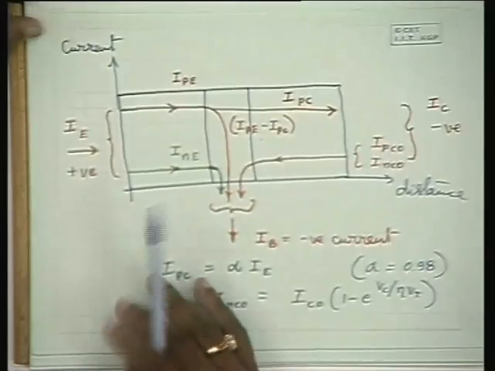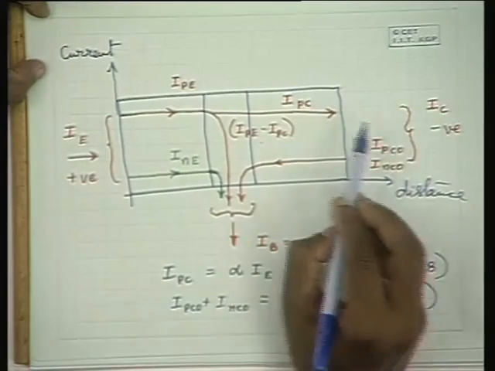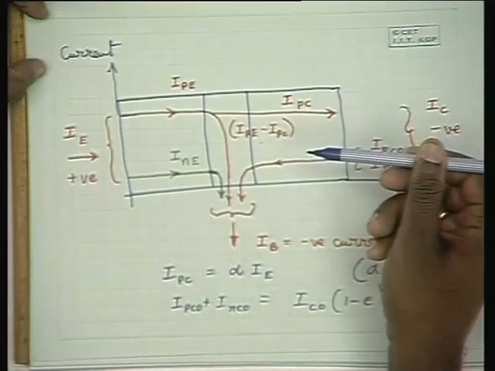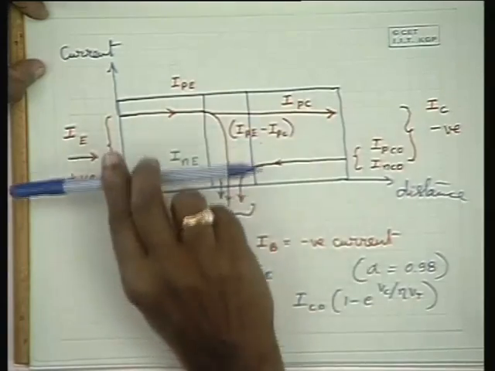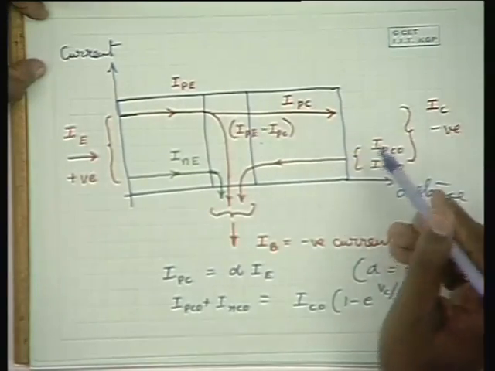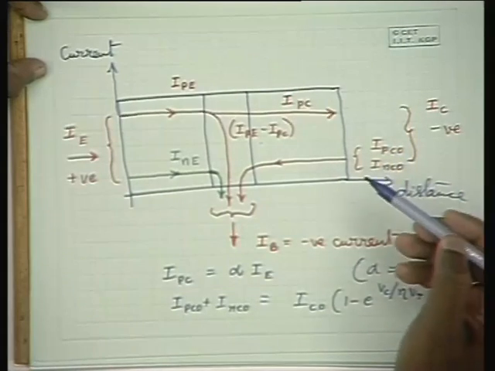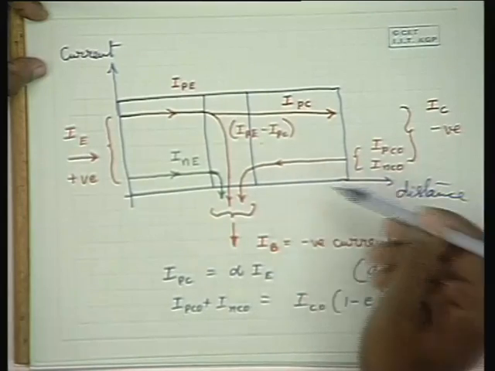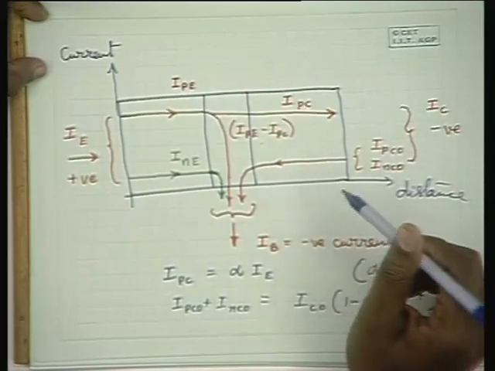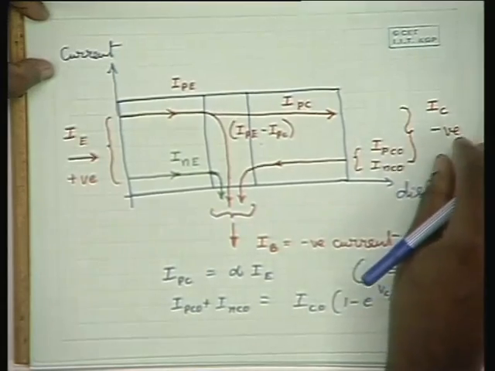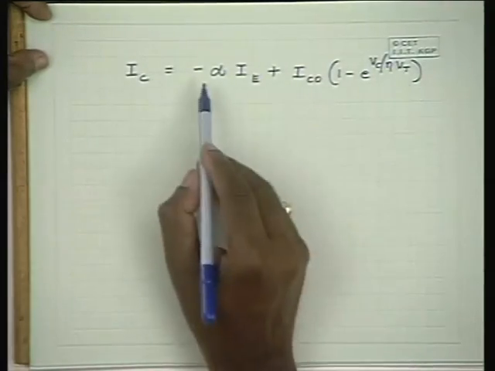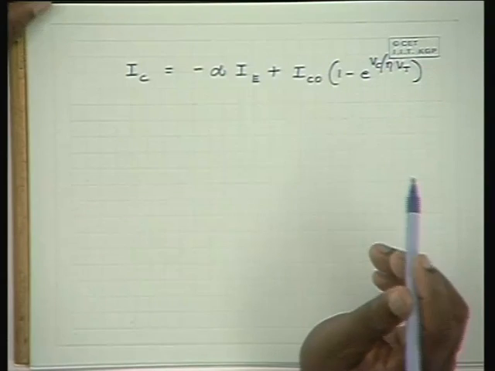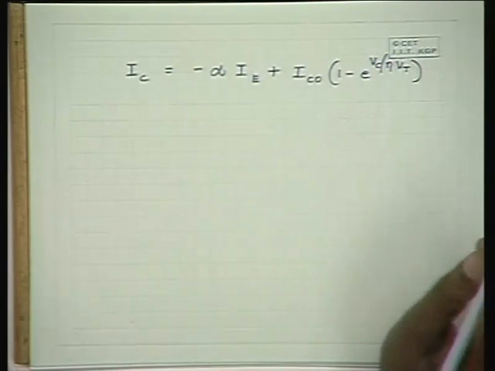The collector current IC is the current which is coming inside, and since the actual current alpha times IE goes outside, IC is equal to minus alpha IE. The reverse current goes inside, as per the symbol, and therefore it is additive over here. So this is the expression for the current.